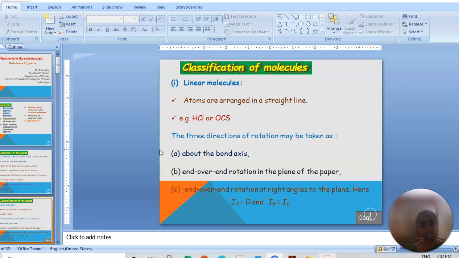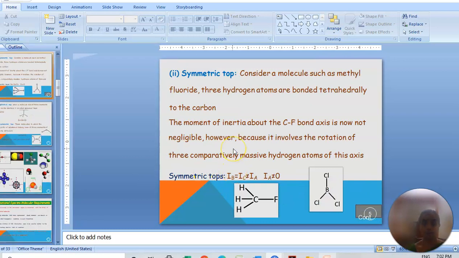The next type of classification is the symmetric tops. Consider a molecule such as methyl fluoride, where three hydrogen atoms are bonded tetrahedrally to the carbon atom.